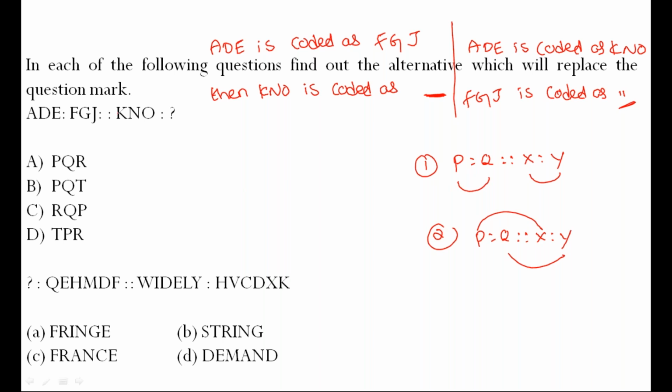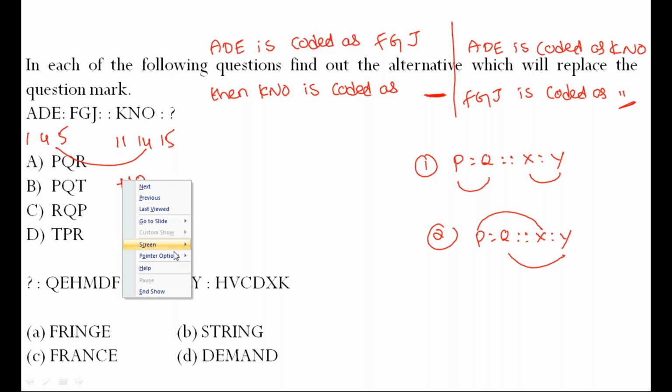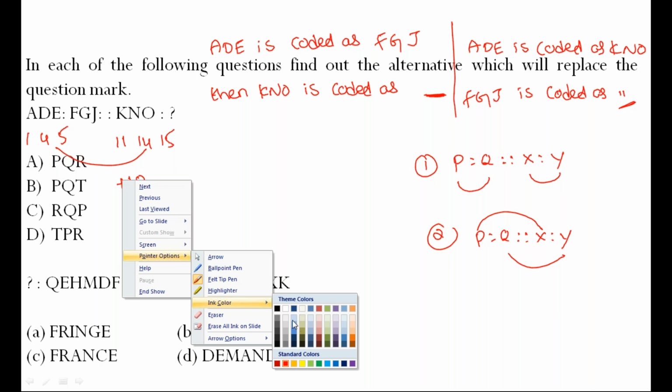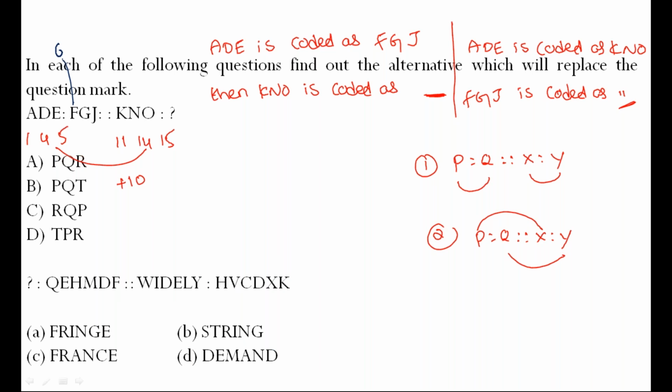Now say this, here ADE is nothing but A value 1, D value 4, E value 5. Now K is value 11, N value 14, O value 15. If you just see, this is plus 10, right? 1 becomes 11, 4 becomes 14, the second letter, and the third letter 5 becomes 15, plus 10. Now you can apply this here. F is 6, G is 7, J is 10.